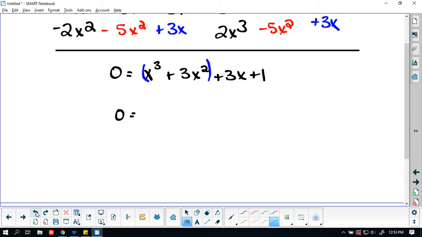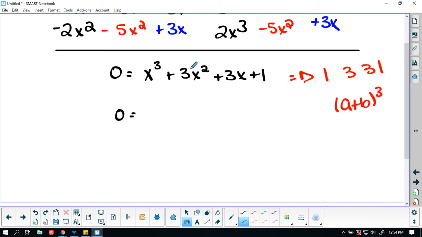So the big thing I'm going to look at here is my coefficients. And my coefficients are 1, 3, 3, 1. And I know from Pascal's triangle that when you have a plus b cubed, you get coefficients of 1, 3, 3, 1. So I know that this is going to be used for that binomial theorem or identity and Pascal's triangle.